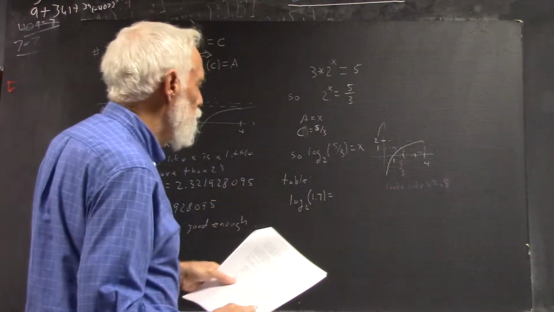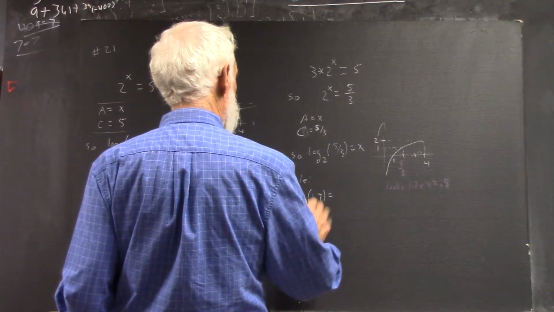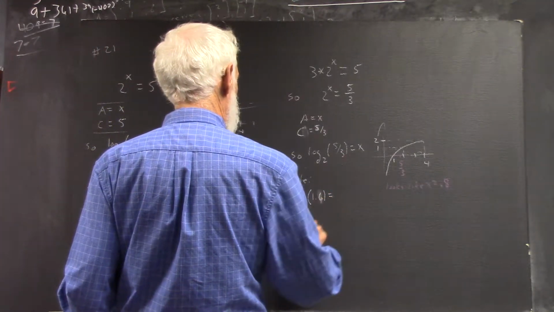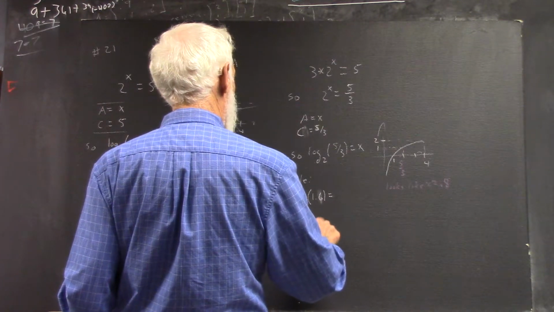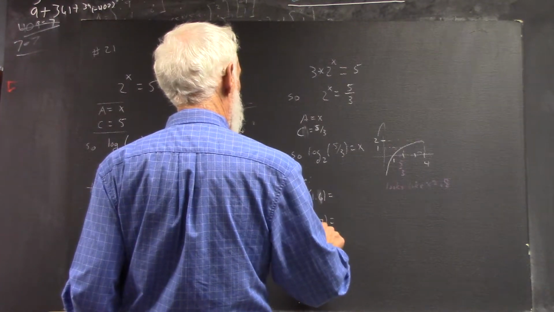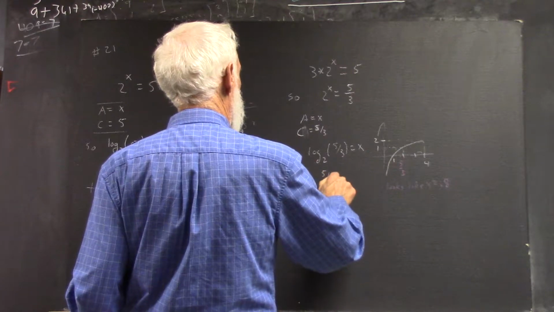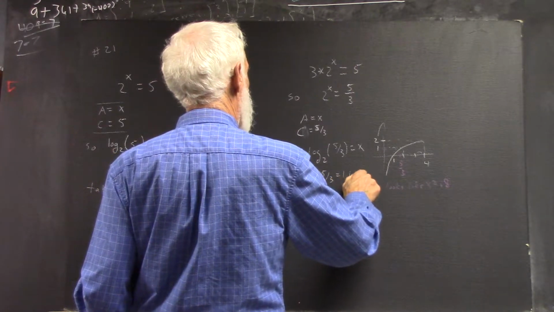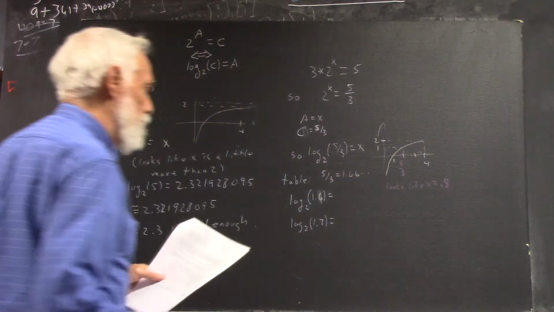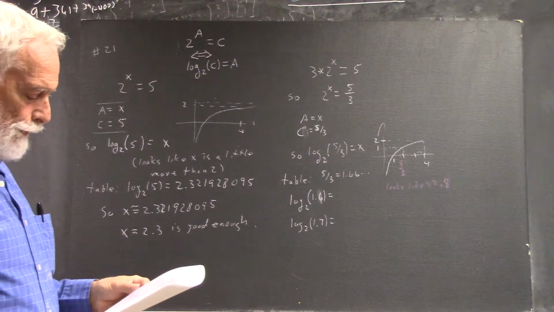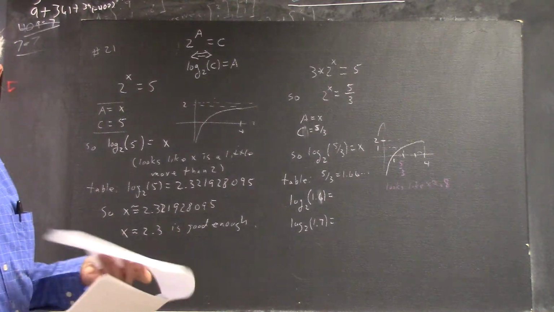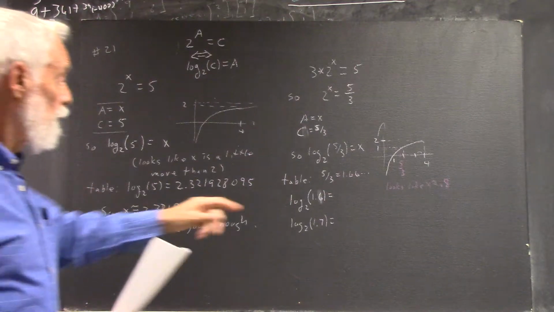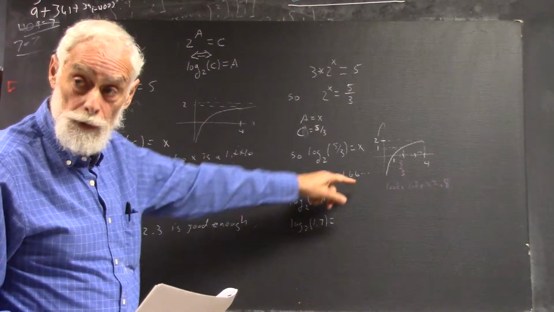Now 5/3 is between 1.6 and 1.7. We'll do this in order. Five-thirds in decimals is 1.6 repeating. So the log is going to be between the log of 1.6 and 1.7, closer to 1.7.